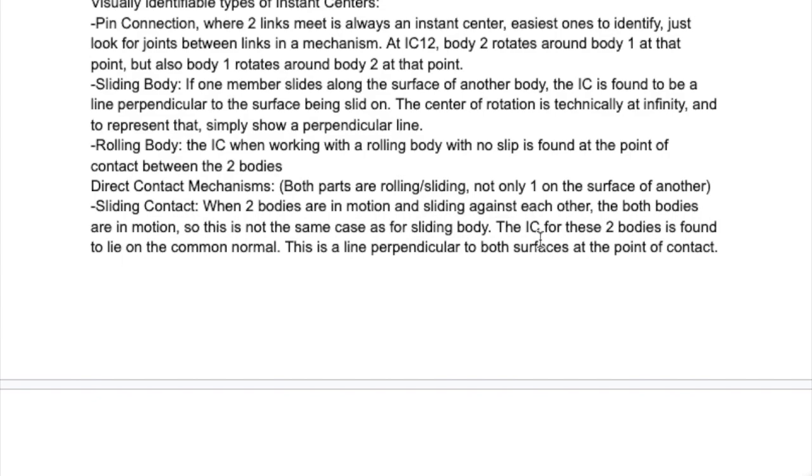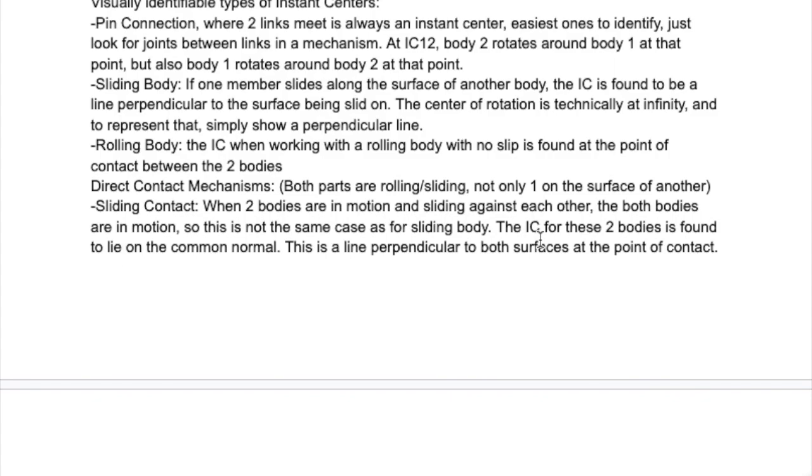When the two bodies are moving and sliding against each other, the instance center can be found as a point which lies on the normal line. So what's the normal line?